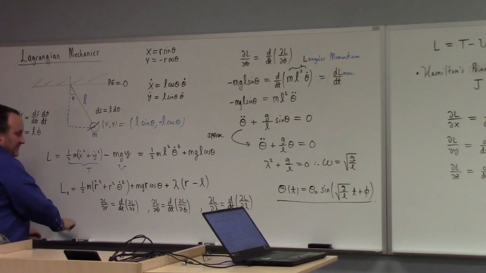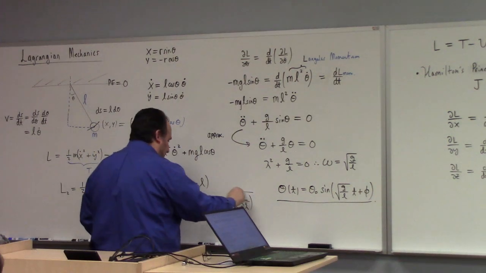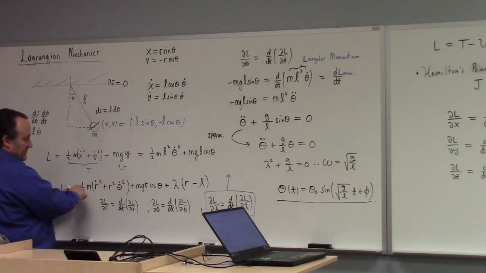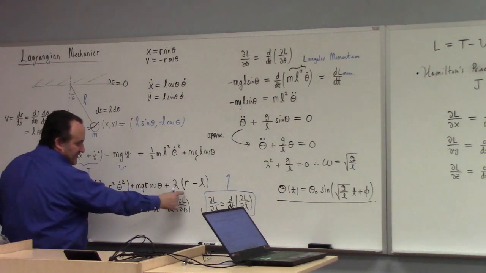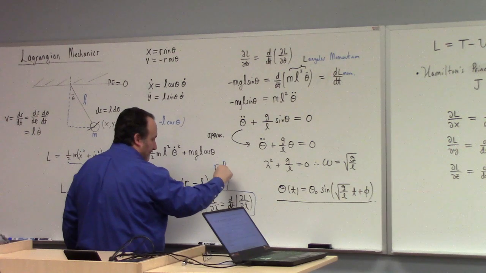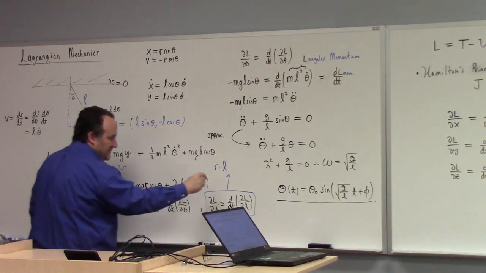Just focus your attention here. What happens with this? Everything else is 0, just this, r minus L, little l, on that side, equals what?